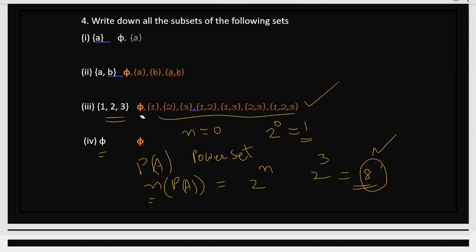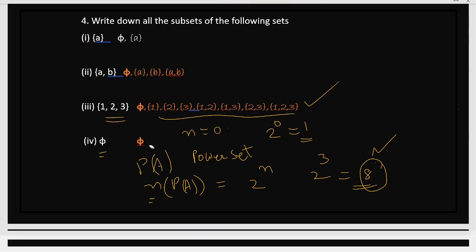So here the number of elements in the set is 3. So how many possible subsets are there? 2 raised to 3, that is 8. You can count this. This matches with our answer. 8 subsets are there, matching with this result. So how many subsets are there for the null set?